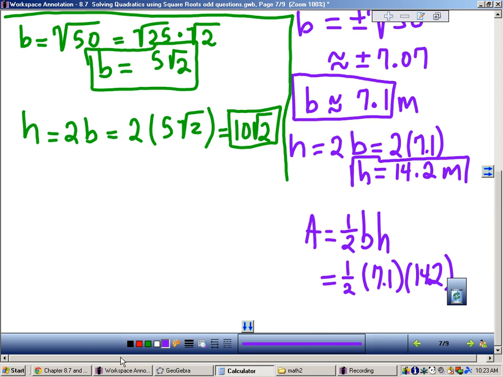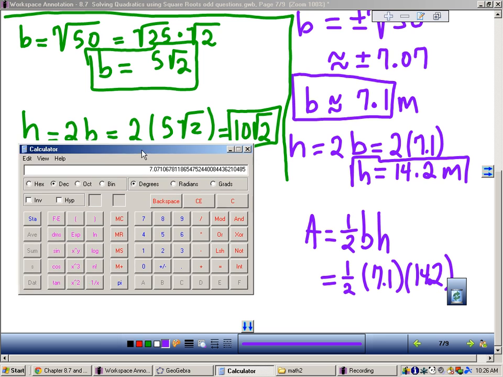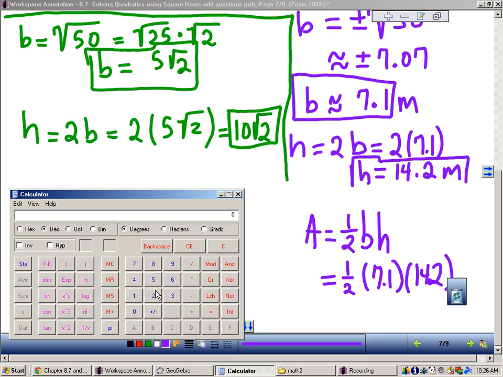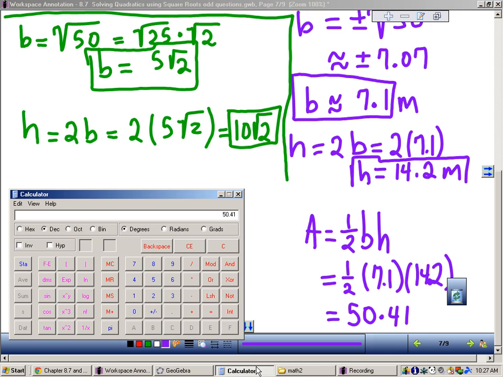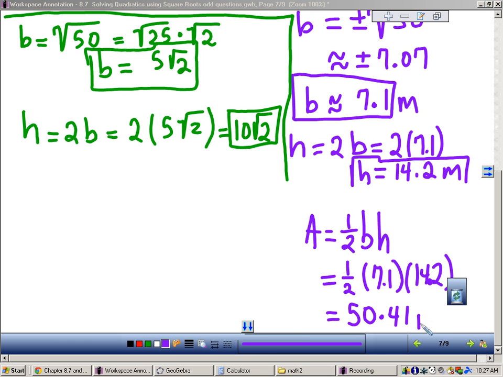So let's grab that calculator and see what happens. 0.5 times 7.1 times 14.2. And so the answer is 50.41. Let's double check. Yeah, and that would be square meters. Is that 50? No, you've got a rounding error of 0.41. So that's a big issue.